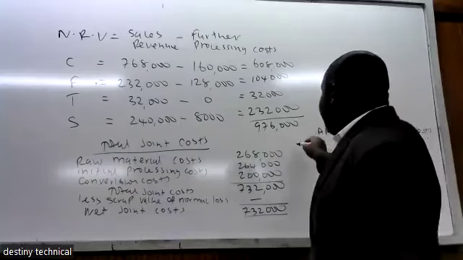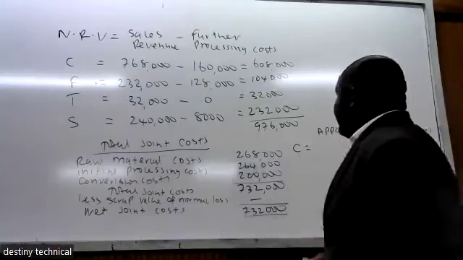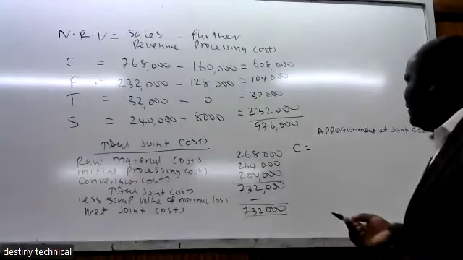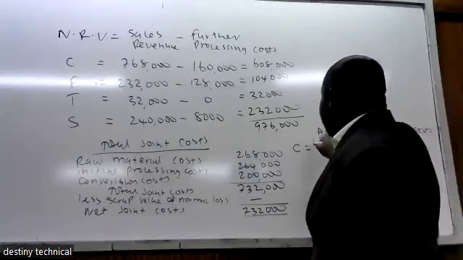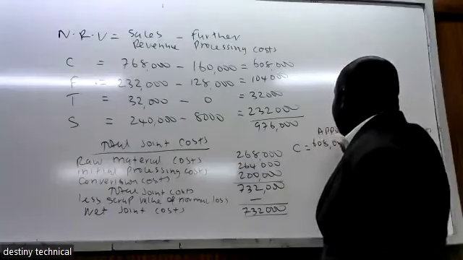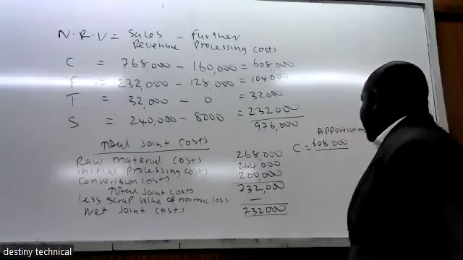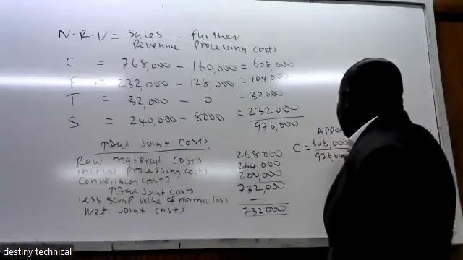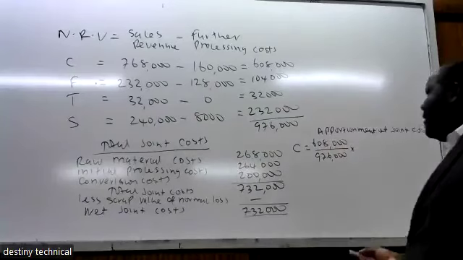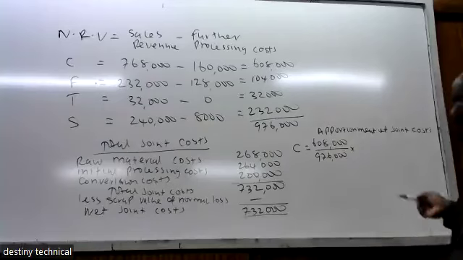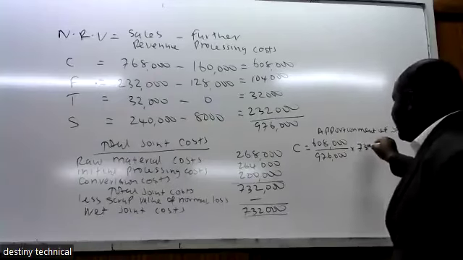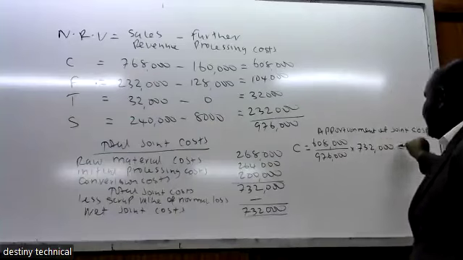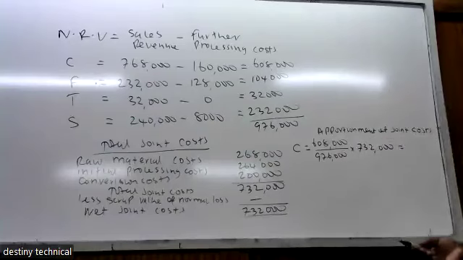So you start off with C. So C, you take 608, divide by the total, which is 976, multiplied by 732, to get the value for that.